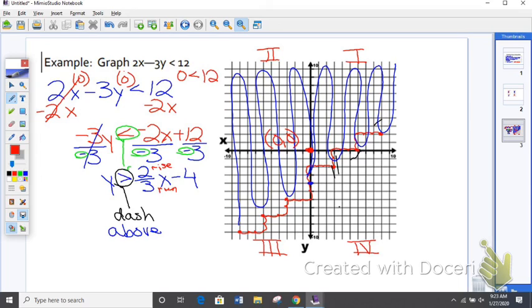We have a dashed line for this one. Do you think a dashed line would be includes or excludes? Pardon? Excludes. Okay. Because we have the dashed line, a dashed line is excludes. We're not counting the points on the line. If it's a solid line, it would be includes.